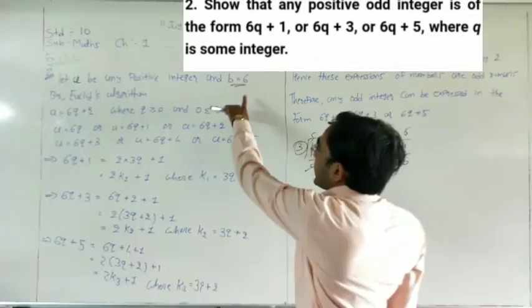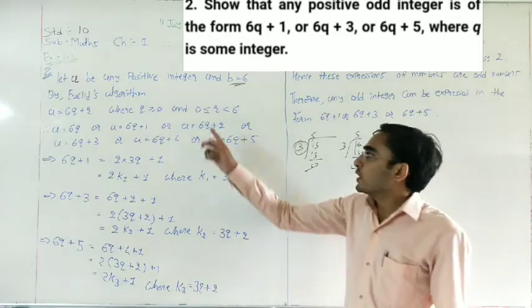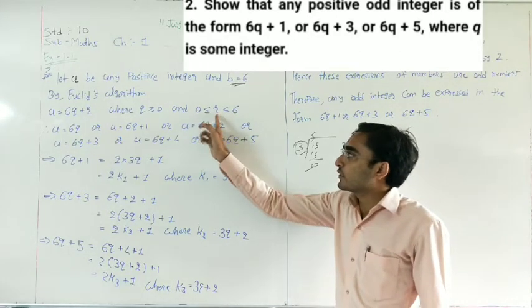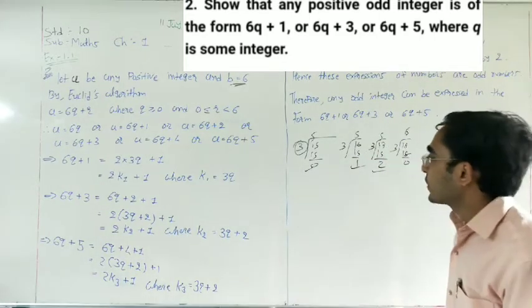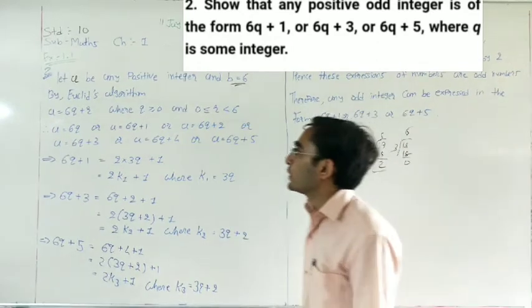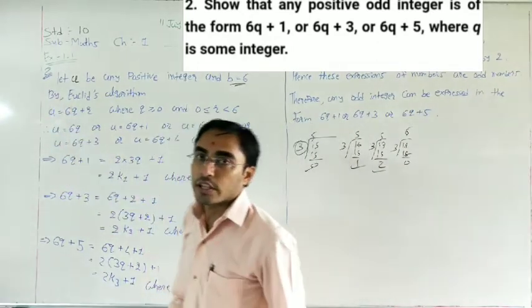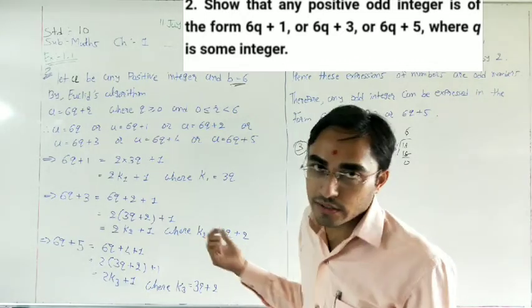Here b is equal to 6, that's why less than 6. Okay, so r is greater than or equal to 0 and less than 6. Okay, so how many possibilities do we have for this a? Because we have some possibilities for the r.